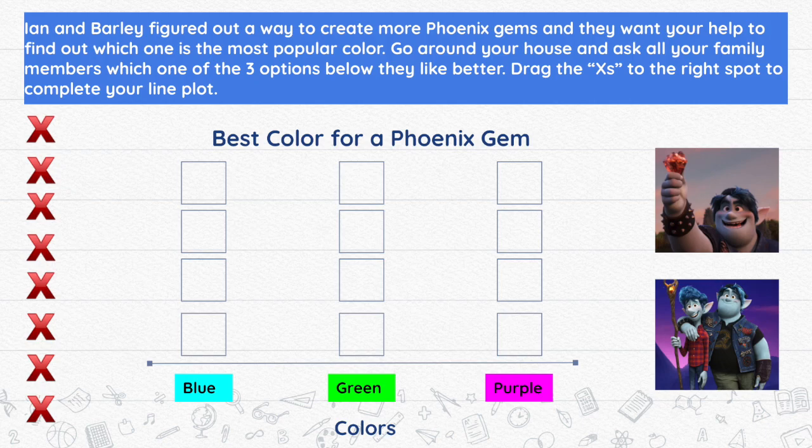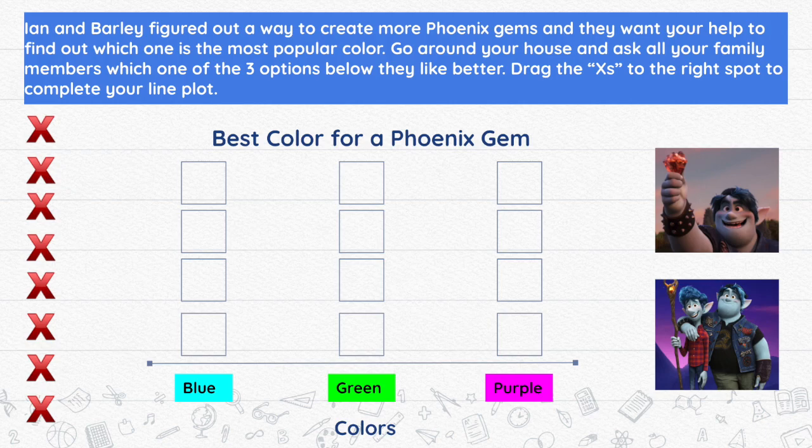Ian and Barley figure out a way to create more Phoenix gems, and they want your help to find out which one is the most popular color. Your job is to go around your house and ask all your family members which one of the 3 options below they like better. You are going to drag the axis to the right spot to complete your line plot.